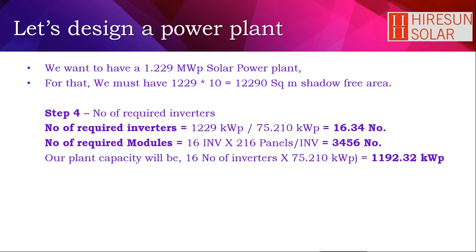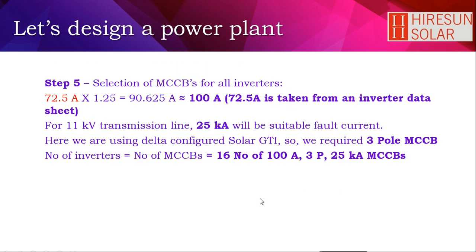So the number of modules is 16 into 216, that is 16 inverters and 216 panels per single inverter. The number of required modules matches. Now our plant capacity will be 16, the number of inverters, times the peak power, which is now 1192.32 kilowatt.